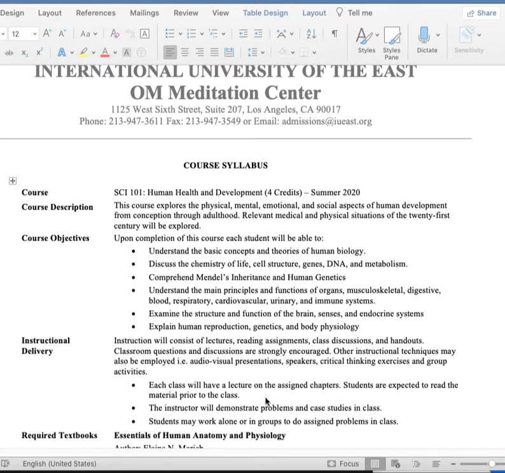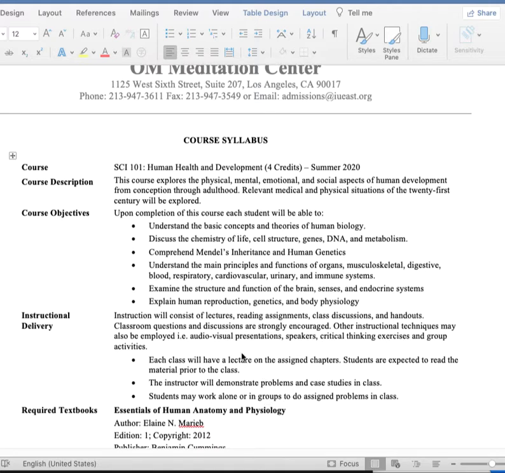Instruction will consist of lectures, but mainly this is an online platform, so you will watch online videos on a weekly basis. I will upload an online video, then you will watch, and sometimes homework is embedded in the online video, or sometimes some 5 questions, such as a quiz, might be uploaded at the end of a slide.